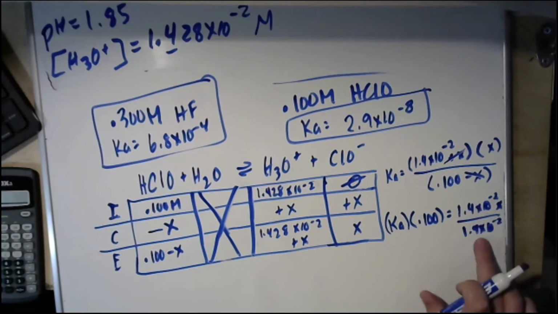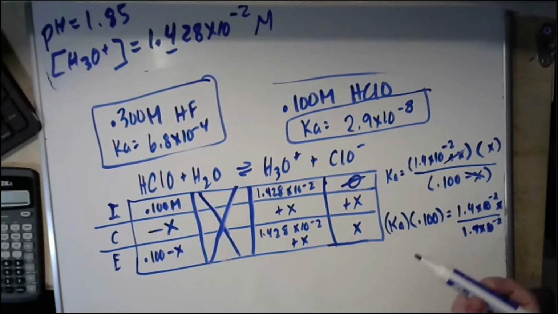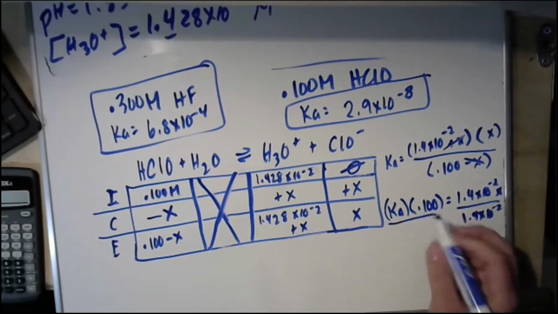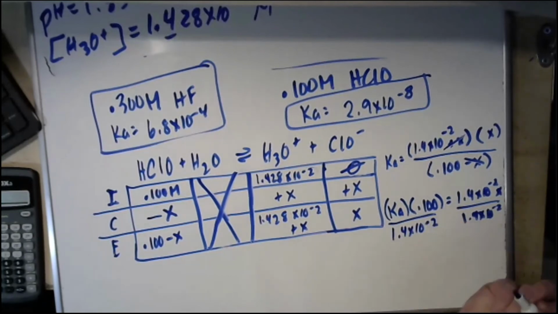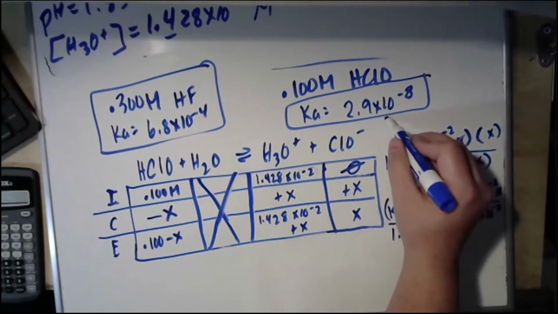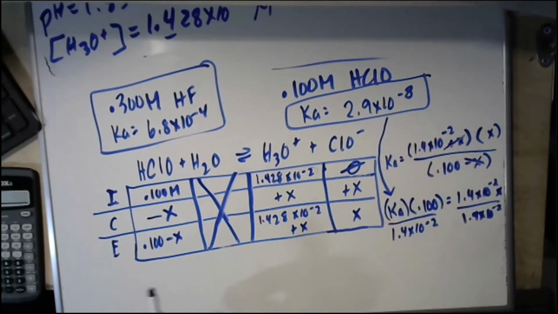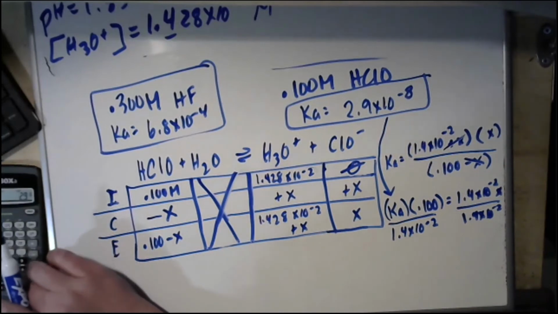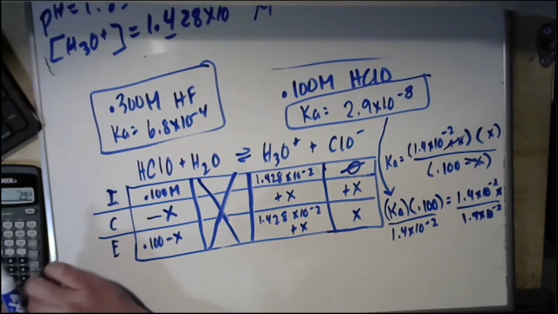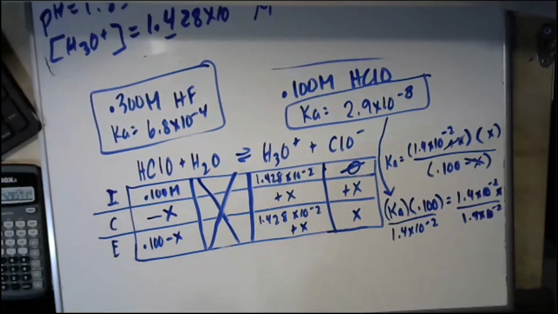So it's divided by 1.4 times 10 to the negative 2. Got a fatter marker, but now my handwriting is even sloppier than usual. Okay, and remember this is our Ka value that we're using. So 2.9 times 10 to the negative 8 times 0.1 divided by 1.4 times 10 to the negative 2.